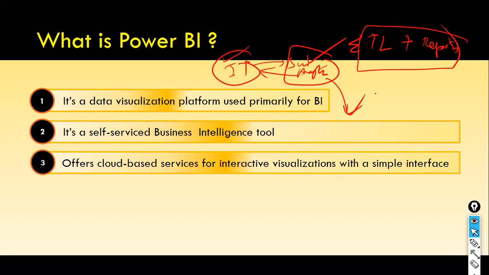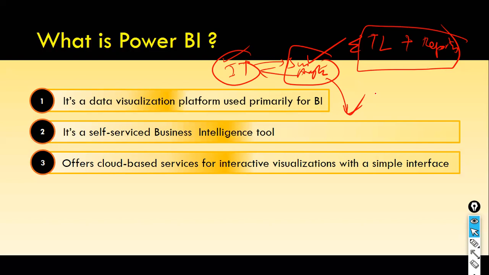And another thing is Power BI offers cloud-based services so that the reports, whatever you develop, can be shared across the globe, across your enterprise, across your company to your various stakeholders by publishing the report on cloud. It's a very simple interface.